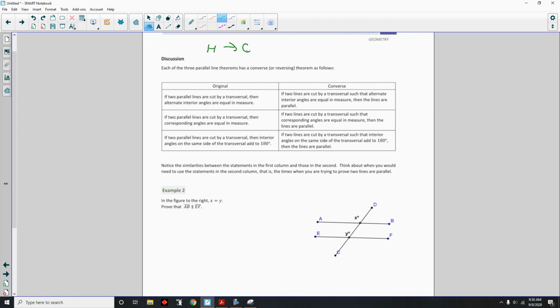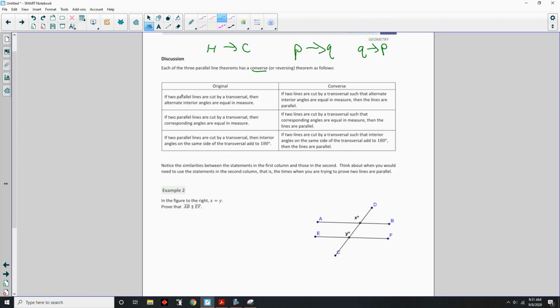If, then, remember that? If P, then Q. Converse simply states that if P then Q is true, then the converse is if Q, then P. So we're just saying the conclusion as the hypothesis, and the hypothesis is our conclusion.